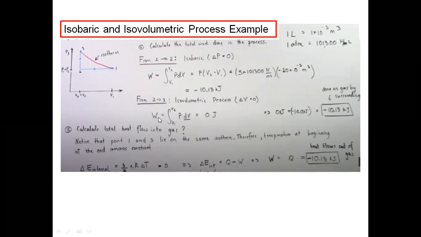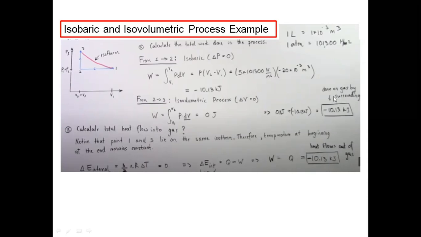Then the work equals the integral from V1 to V2 of P dV تساوي P في delta V وتساوي 0 جول. إذا هذا يؤدي إلى إنه we have 0 جول plus minus 10.13 كيلو جول. وتساوي minus 10.13.